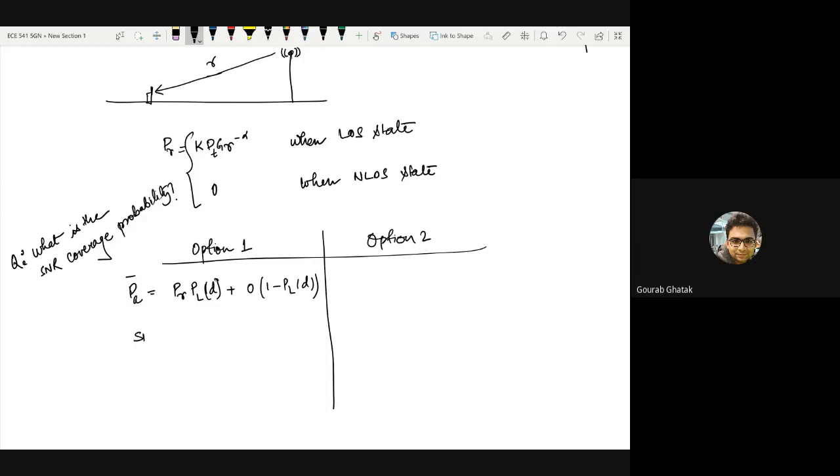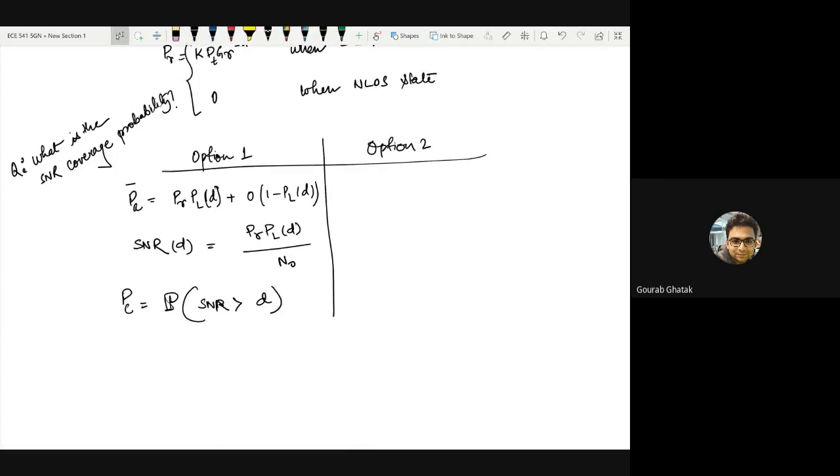So my SNR at a distance of D is simply P_R P_L(D) divided by N_0, and I calculate my SNR coverage probability, which is P_C, as the probability that the SNR is greater than gamma.